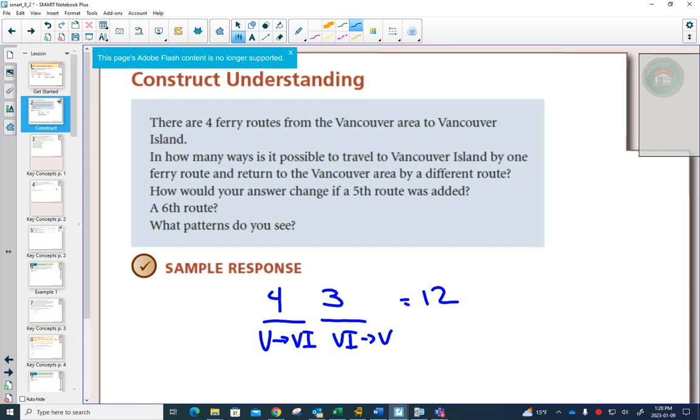If a 6th one, it would be 6 and then 5. And so we're multiplying them out, just like we did at the beginning with the fundamental counting principle. So the fundamental counting principle will keep coming back, but this time our choices decreased by 1 because we were told we had to take a different route back.